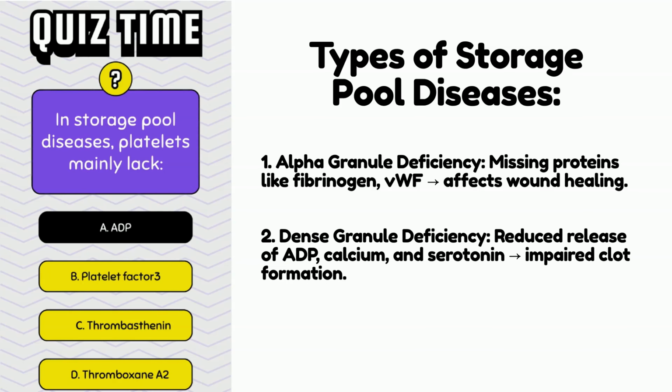These granules store molecules like ADP, calcium, serotonin, and other molecules that are important for platelet activation and aggregation. In dense granule storage pool disease, there may be a reduced number of the dense granules or abnormal release of these stored contents.